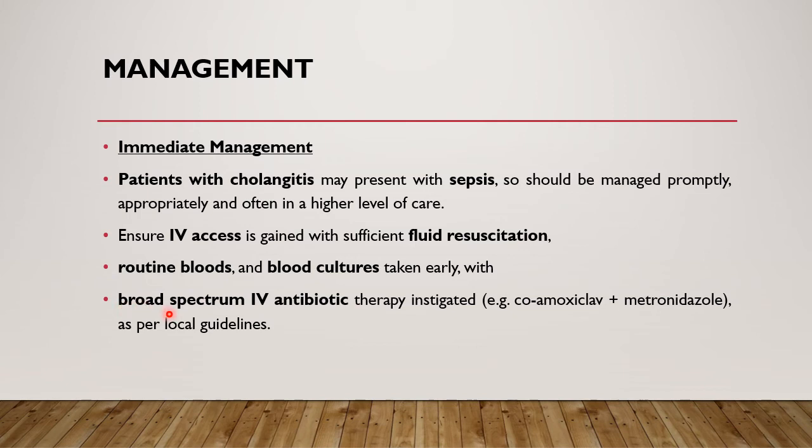Meanwhile, you must start them on broad spectrum antibiotic therapy, usually to cover the gram-negative organisms such as amoxiclav or broad spectrum cephalosporin plus metronidazole, as these will cover both the gram-negative and anaerobic bacteria.